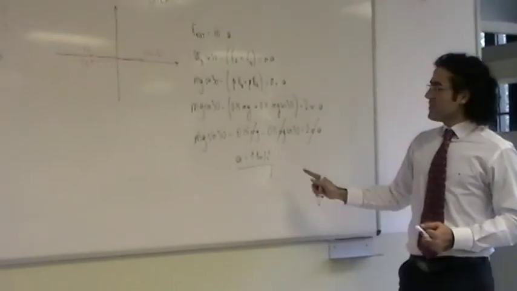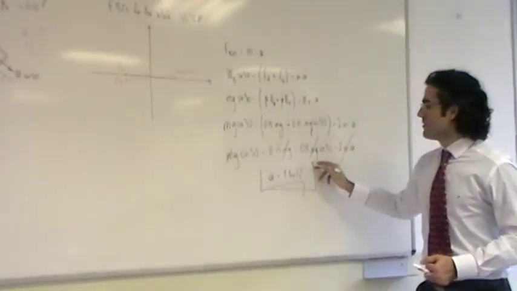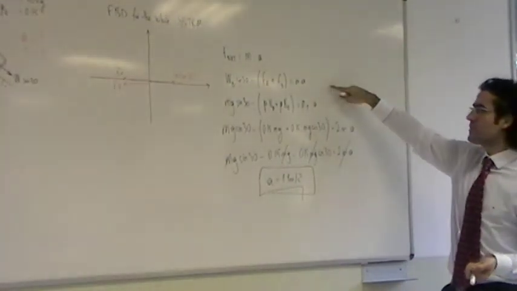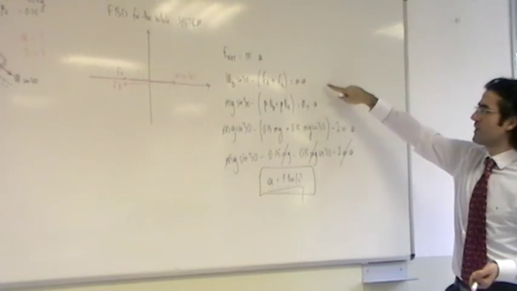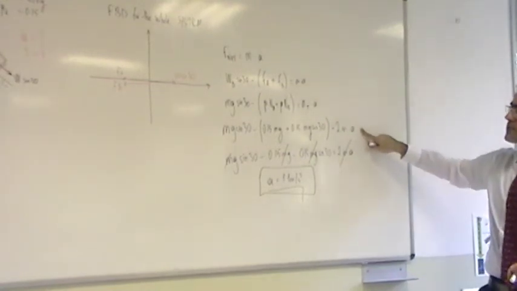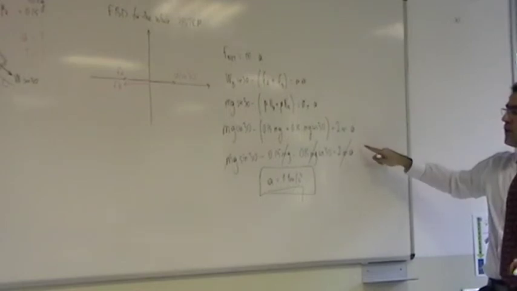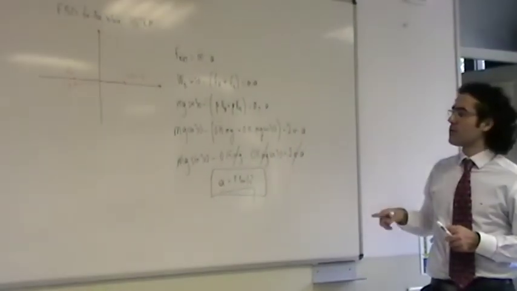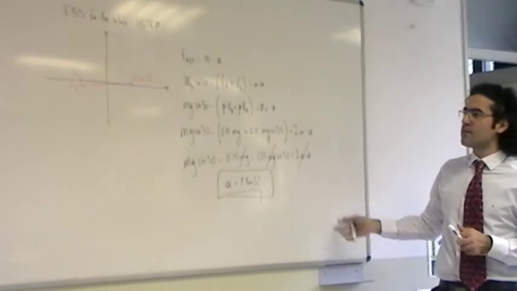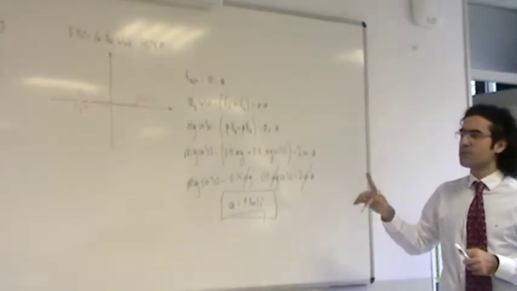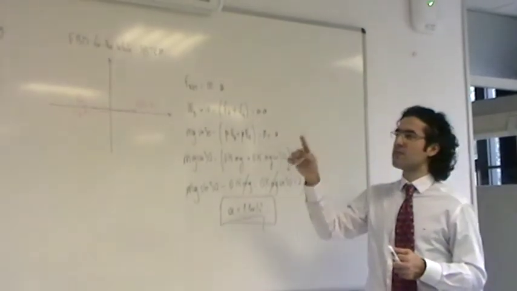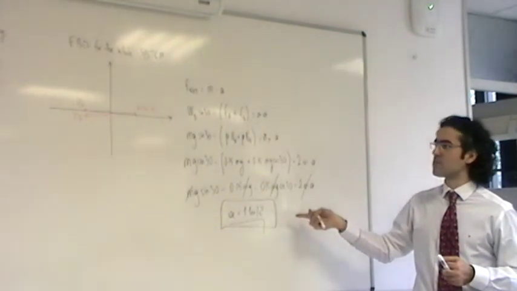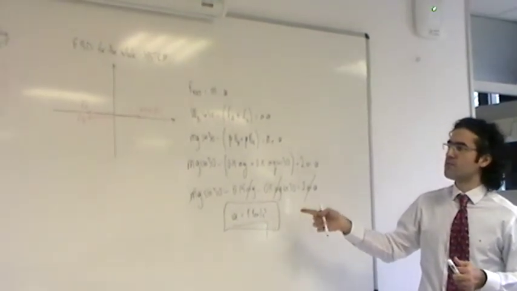By looking at the whole system, you can easily find acceleration without inserting tension into the other equation, and the algebra becomes a little easier. However, you cannot find tension just by looking at the free body diagram of the whole system. So you still have to go back to one of these objects, decide which is easier, A or B, and solve for the tension.